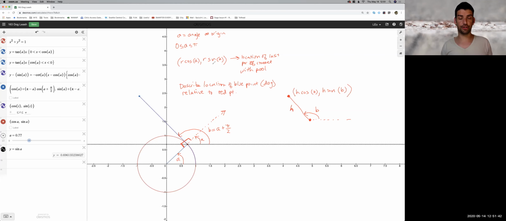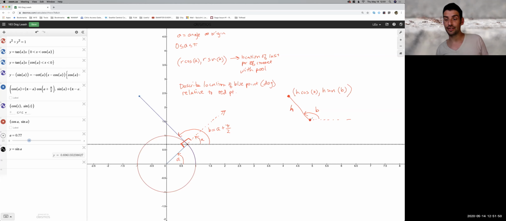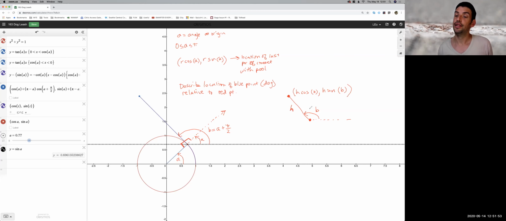Just like we used the parameterization of the circle to tell us where this first point was living, relative to that point, this blue point here is out some radius at this angle. That's how you locate it.